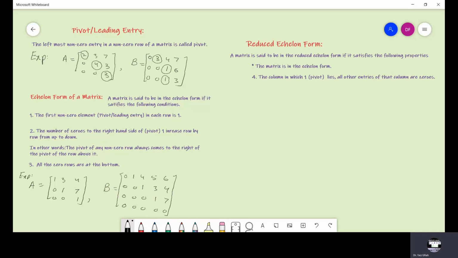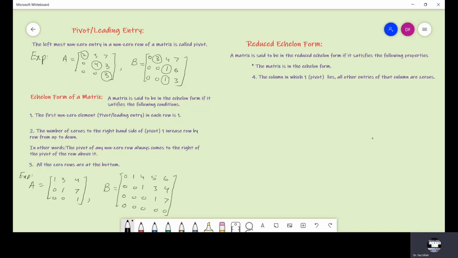And number of zeros to the left hand side of 1 increases row by row. In the first row, we have 1 zero. In the second row, we have 2 zeros. In the third row, we have 3 zeros. So number of zeros to the left hand side of 1 increases row by row from up to down. And there is only 1 zero row and that row is at the bottom of matrix B. So matrix B is in echelon form.